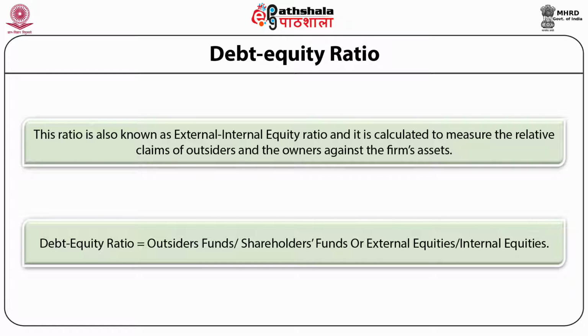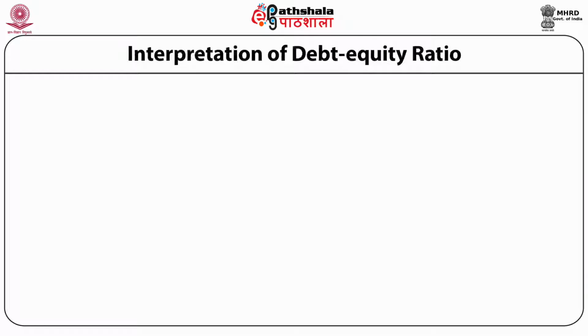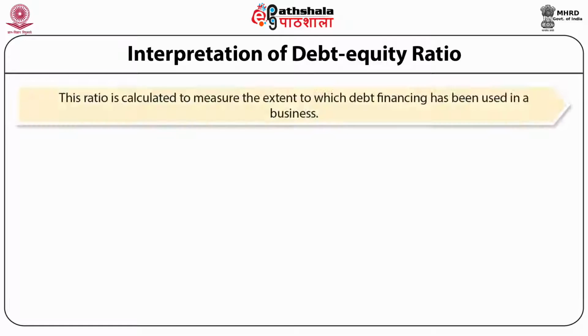The two basic components of the ratio are outsiders' funds and shareholders' fund. Interpretation of debt-equity ratio. The debt financing used in a business can be measured with the help of this ratio.